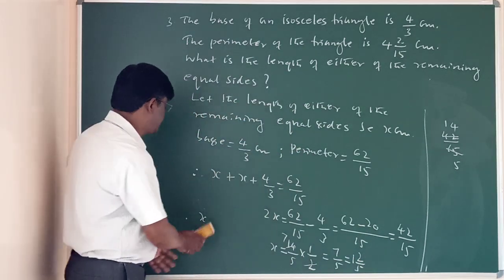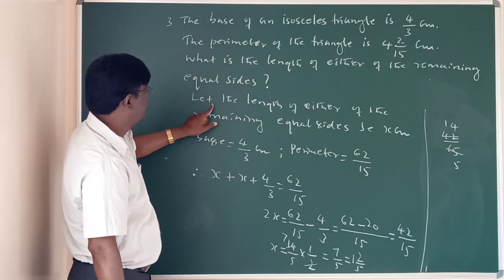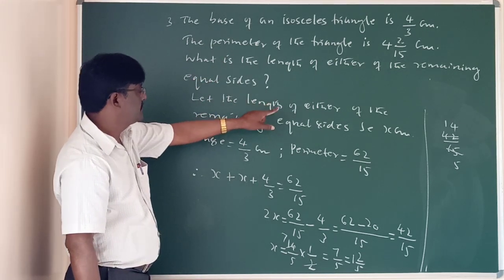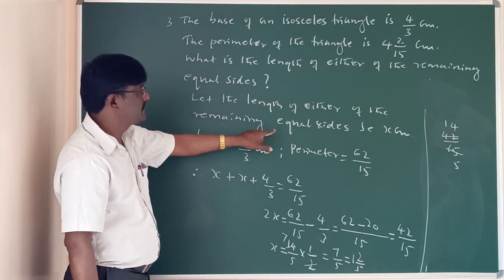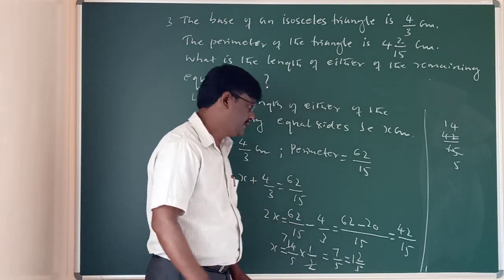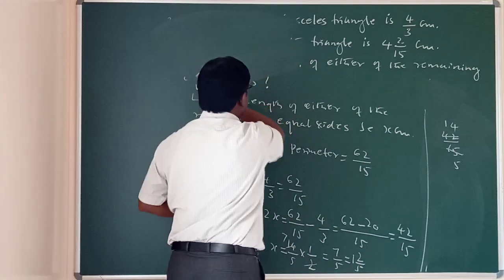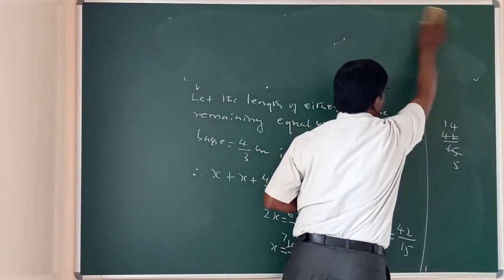Okay, children. Hence, the required number, here what we assume: let the length of either of the remaining equal sides be x. x is 1, 2 by 5 centimeter. So therefore, below this, you write that one.